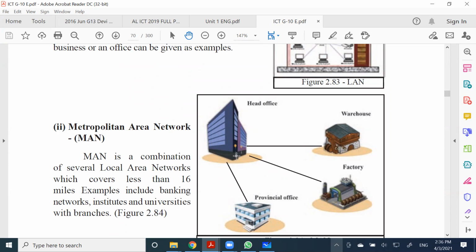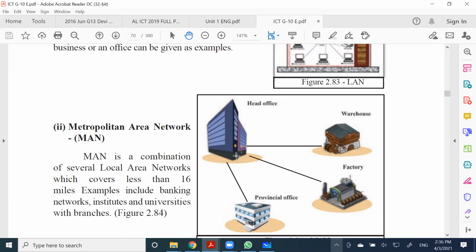For example, a network spread inside a university with a large number of buildings is a metropolitan area network. Sometimes it may spread over a village, and a banking network is also a metropolitan area network.